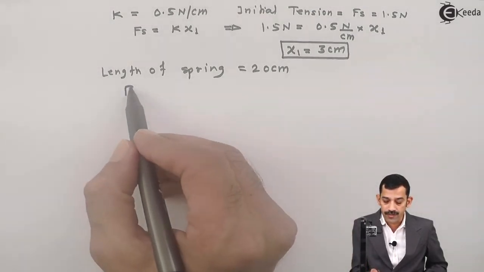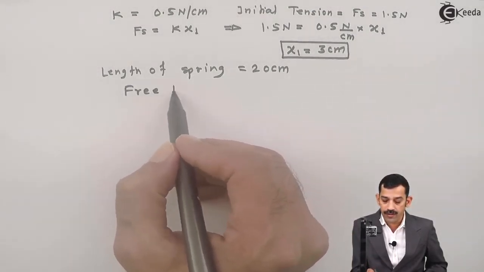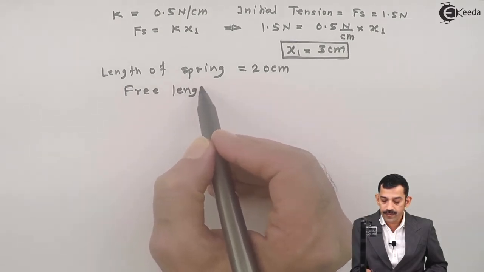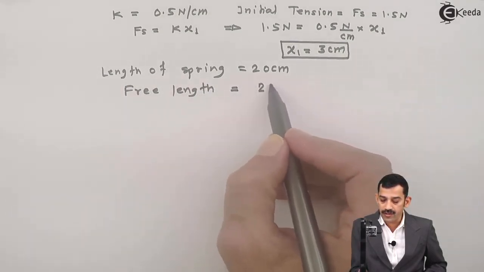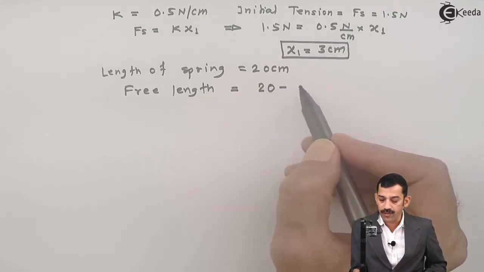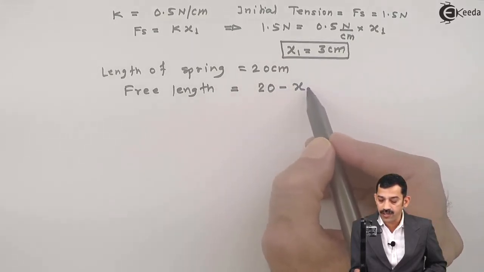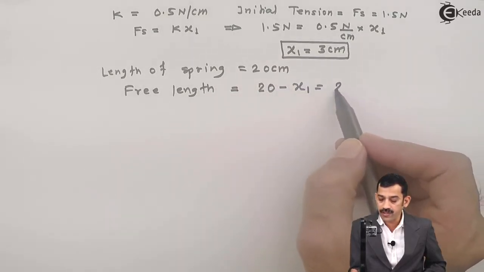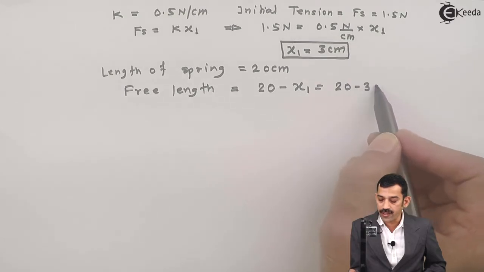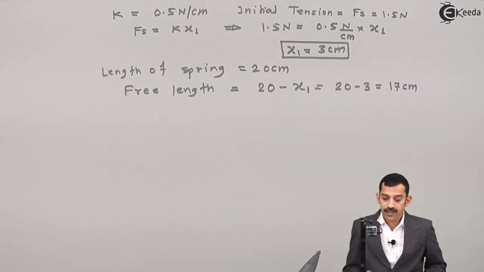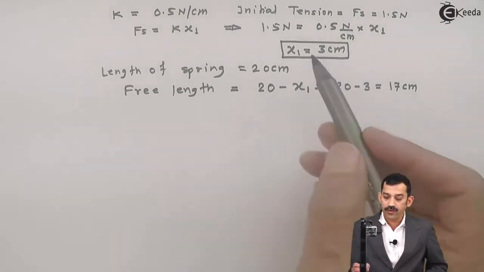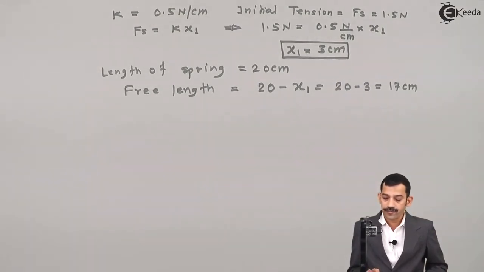If you find out the free length of spring, it is the initial length of 20 centimeter minus the elongation of 3 centimeter, which is equal to 17 centimeter. Now the free length of spring is 17 centimeter. Initial deformation is 3 centimeter.